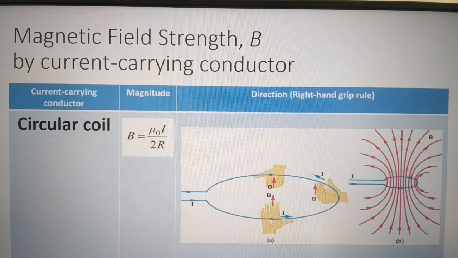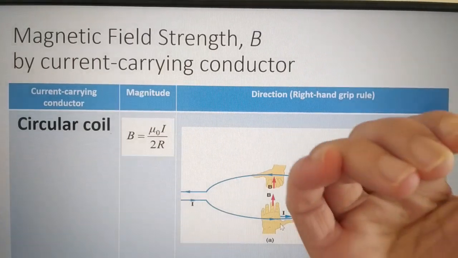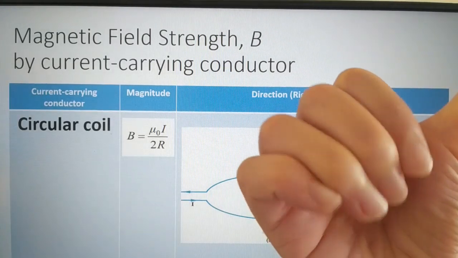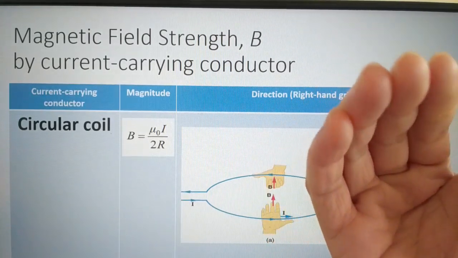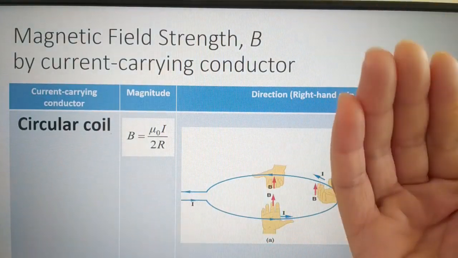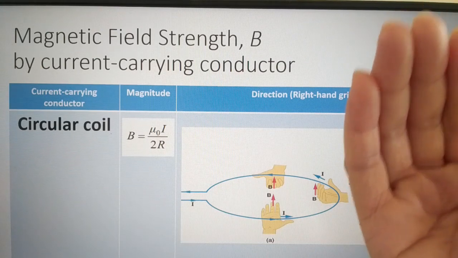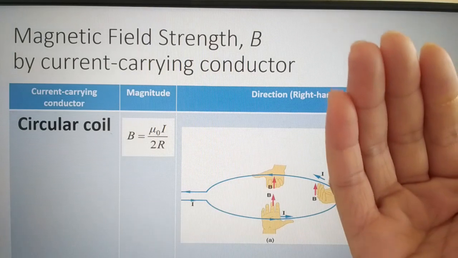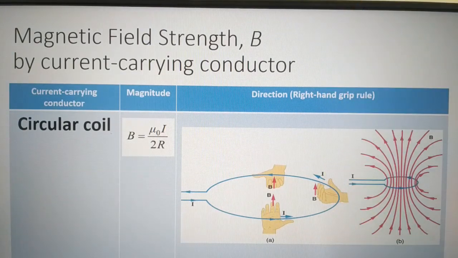So when the current is flowing in this way, in this part of the coil, you just grip it, and then you can see that the magnetic field flows up. Can you see that your magnetic field flows up?